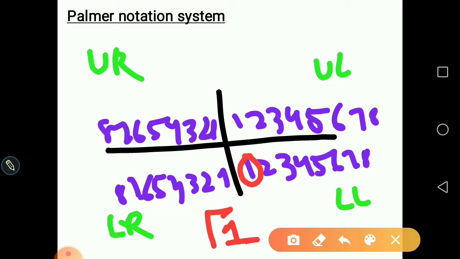Now if I say upper right first molar, so for upper right I use this symbol for the quadrant, and for first molar I use 6. Simple.